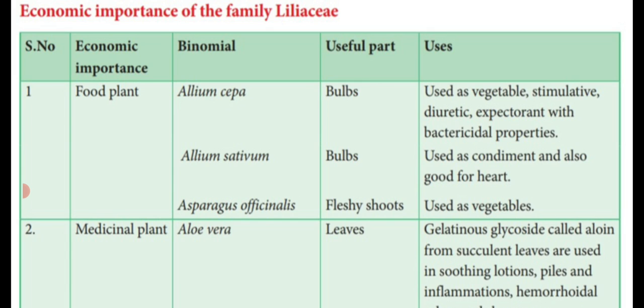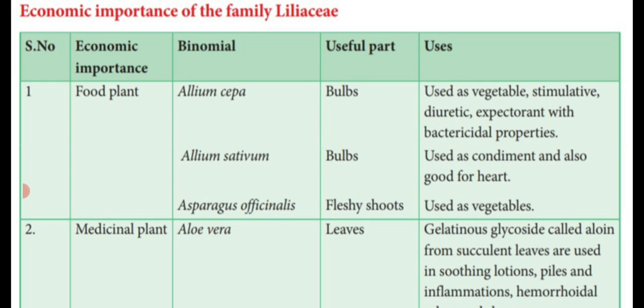Now we are going to see the economic importance of family Liliaceae. Food plant Allium cepa, that means onion, useful part is bulb. Allium sativum, that is garlic, useful part is bulb. Asparagus officinalis, fleshy shoot. In Tamil it is known as Thanir Muttan Kizhangu. Used as vegetable.